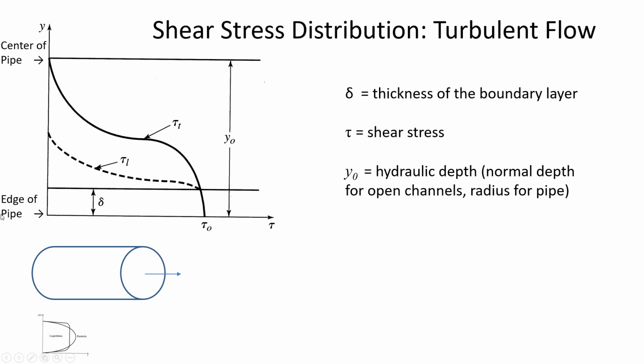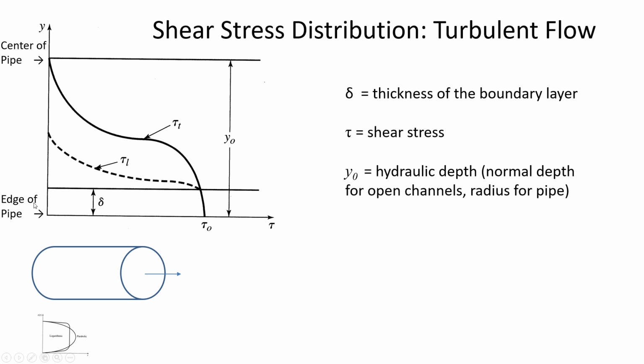So what we're talking about is at the edge of the pipe, the shear stress that the pipe is applying to the water is at the highest. And that makes sense, that the water is being pushed on by the pipe at a maximum amount right at the surface where the two come into contact.